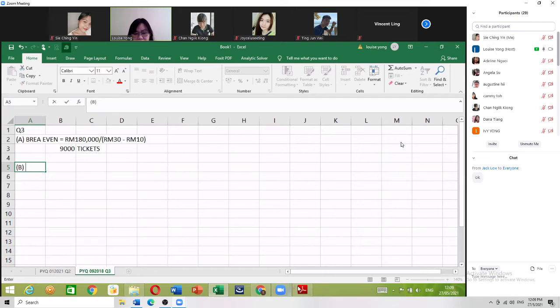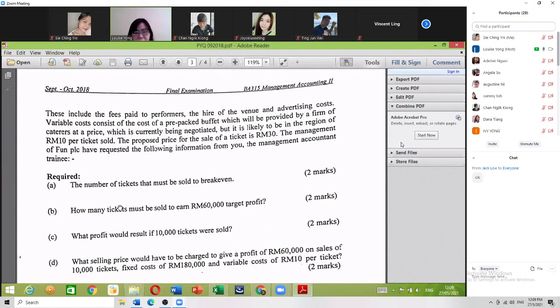Okay, B. How many tickets must be sold to earn a profit of 60,000 target profit? If you want to earn 60,000, then how many do you need to sell?